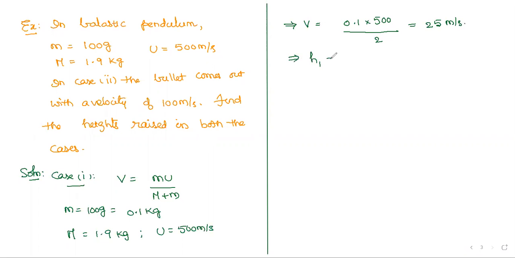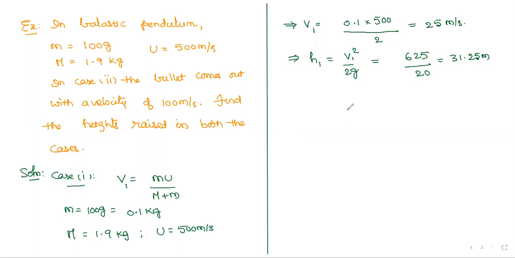That implies in case 1, h1 is equals to v1 square by 2g, that is 25 square, 625, by 2 into g, 20, that is 62.5 by 2, which means 31.25 meters. The answer is 31.25 meters.